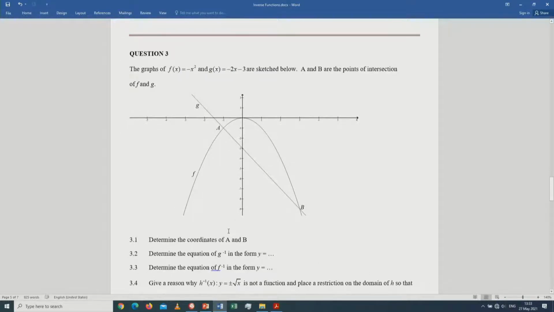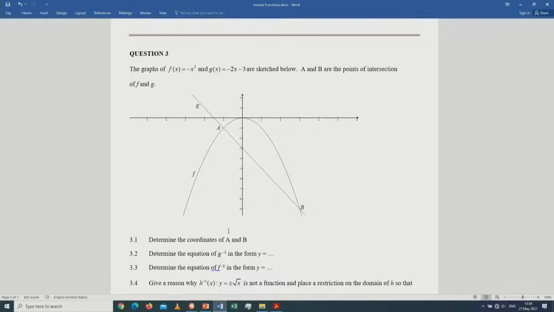The graphs of f of x equals minus x squared and g of x equals minus 2x minus 3 are sketched. The two graphs are sketched there. A and B are the points of intersection of f and g. We are given the two graphs.